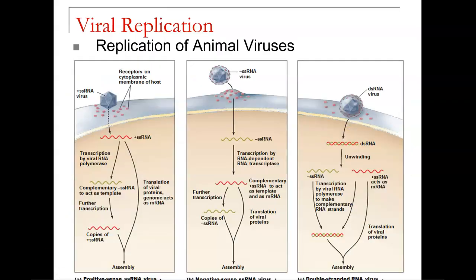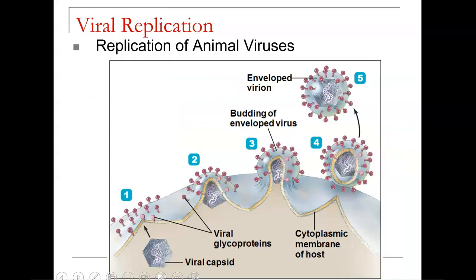So here's showing you some of the examples of the single-stranded RNA positive coming in. We have an example of the negative single-stranded RNA, and then the last one we have the double-stranded RNA that I spoke about. And here we have where it has the capsid around it, and it's going to form, and it's going to be released to the outside of the cell.